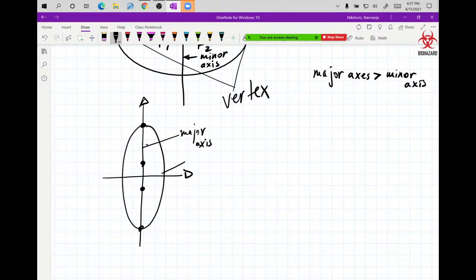And then you have the minor axis. And you have your vertex, vertex at the bottom as well. And you have your two focal points, foci. There you go. So ellipse can also be vertical.